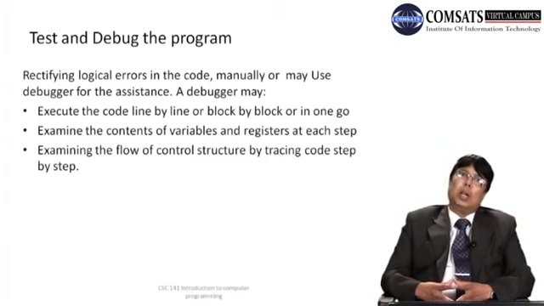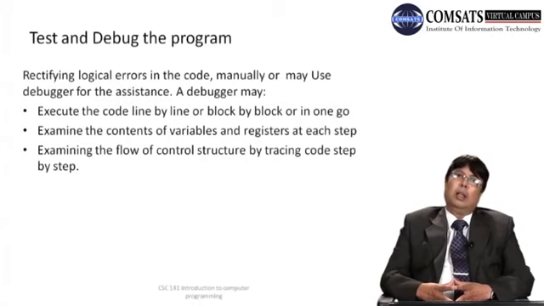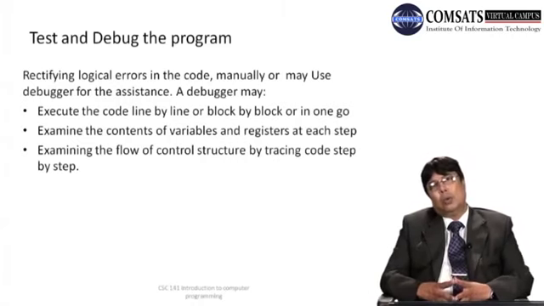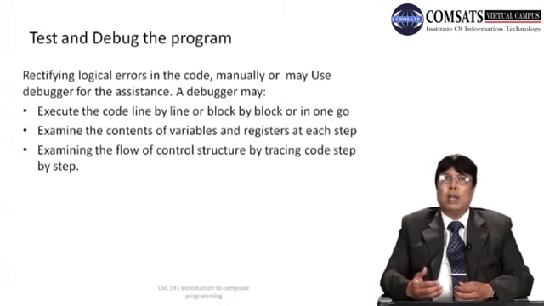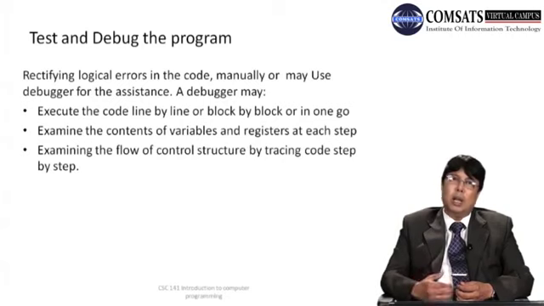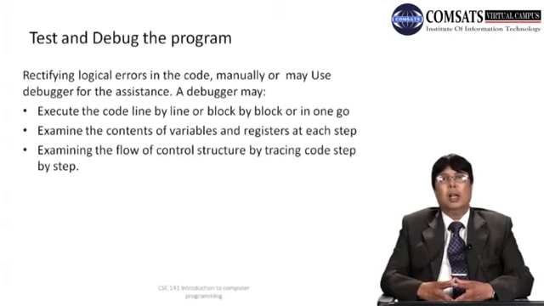And after executing each line, the debugger lets you view the contents of registers, memory locations, and CPU registers. So you can see what the input was, and after the execution of the instruction, what the output is. In this way, you can find any logical error that might exist in your code.